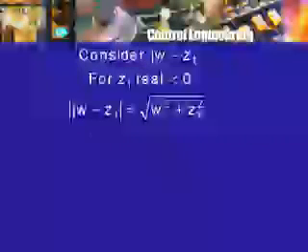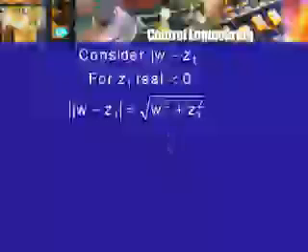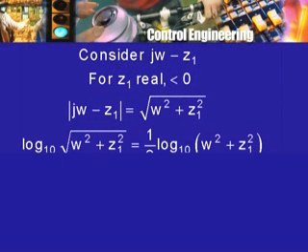Now, this is the actual gain or the contribution to the gain of this 0, but remember, I have to take log to the base 10 of this and multiply it by 20. Now, if I take log to the base 10 of this, what am I going to get? Log to the base 10 of this, because there is a square root, is going to be 1/2 of log to the base 10 of omega square plus z1 square, right.